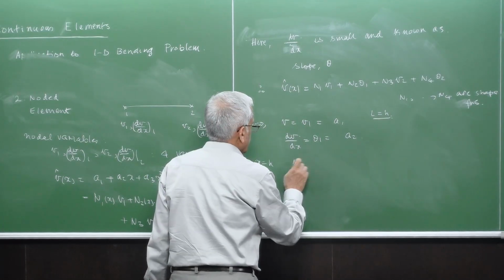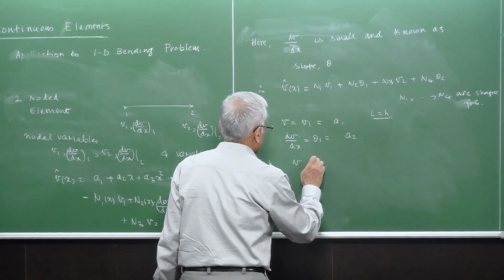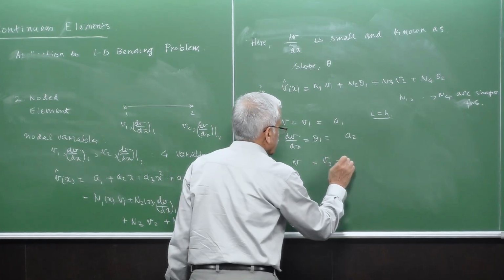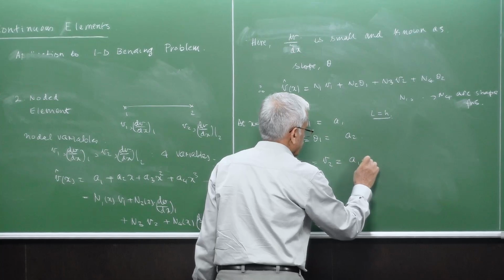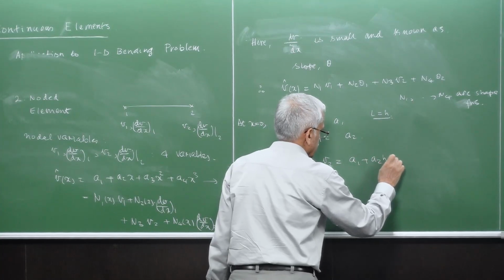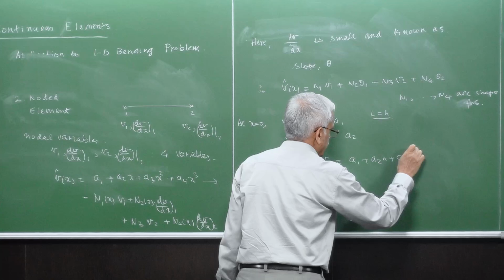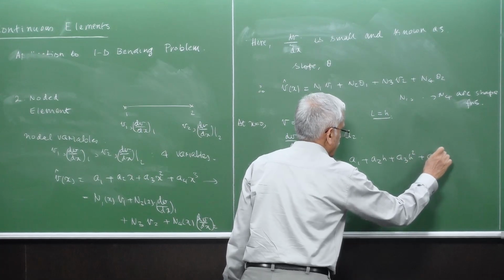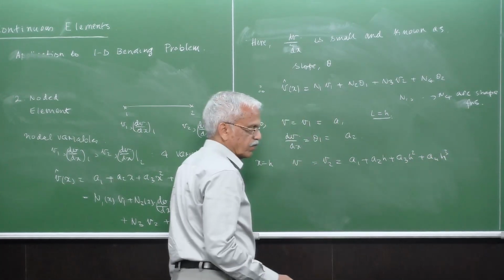Okay, so V at x equal to L is equal to V2, and so this is A1 plus A2 h, A3 h square, A4 h cube.